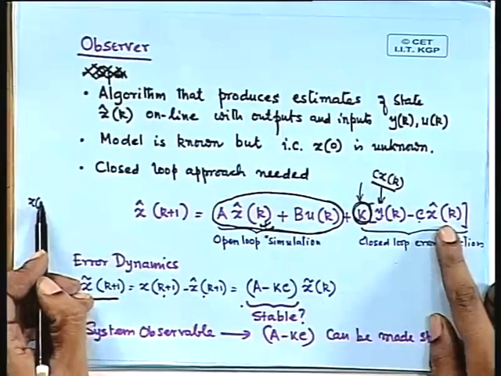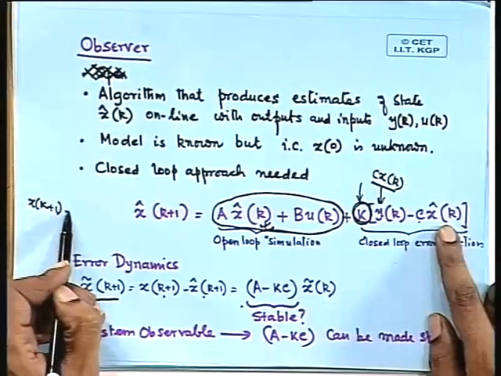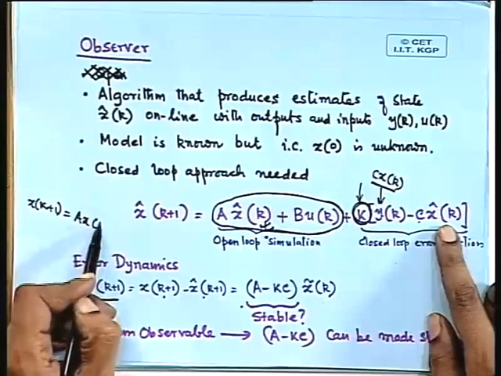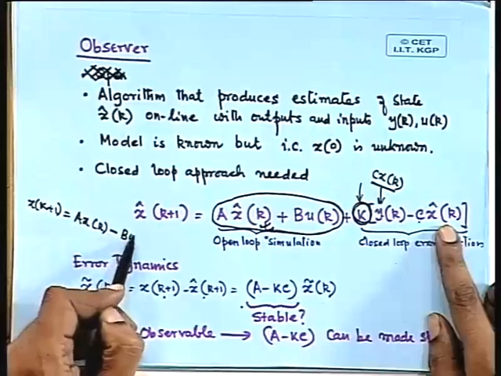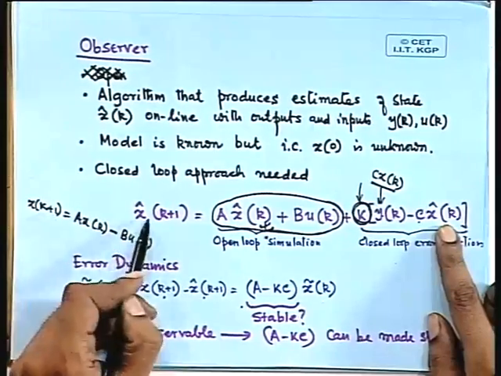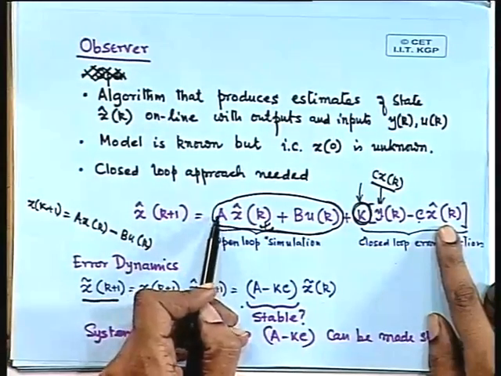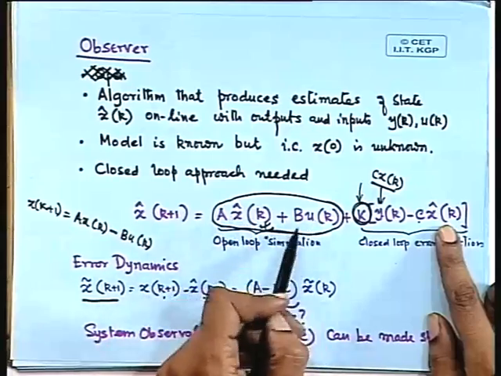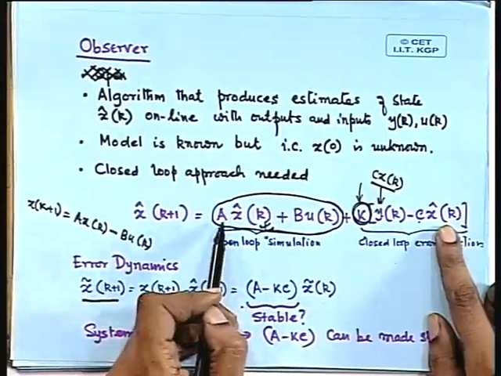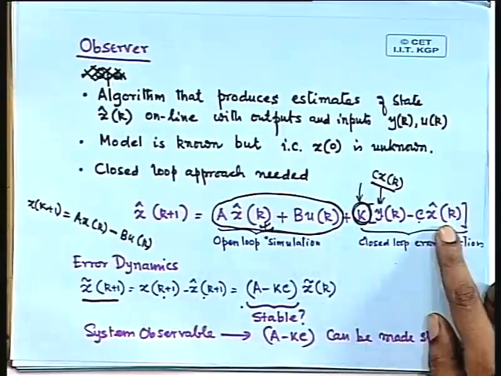And if you do x k plus 1 minus this, it is equal to a x k minus b u k. So if you subtract, then what will happen? It will be a into x minus x hat, b will get cut. So it will be a minus k C. That is how. This is very standard. I don't think I need to elaborate this.